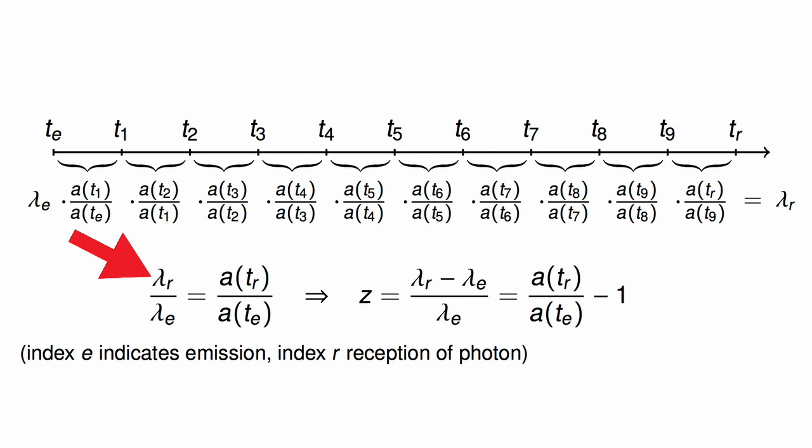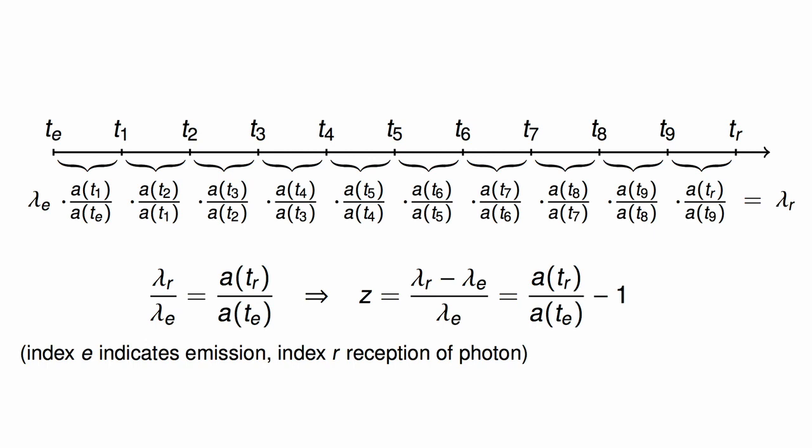received wavelength of this photon, expressed through the emitted wavelength, is just related to the scale factor at the time of reception and the scale factor at the time of emission. And this is now a result that is true globally.